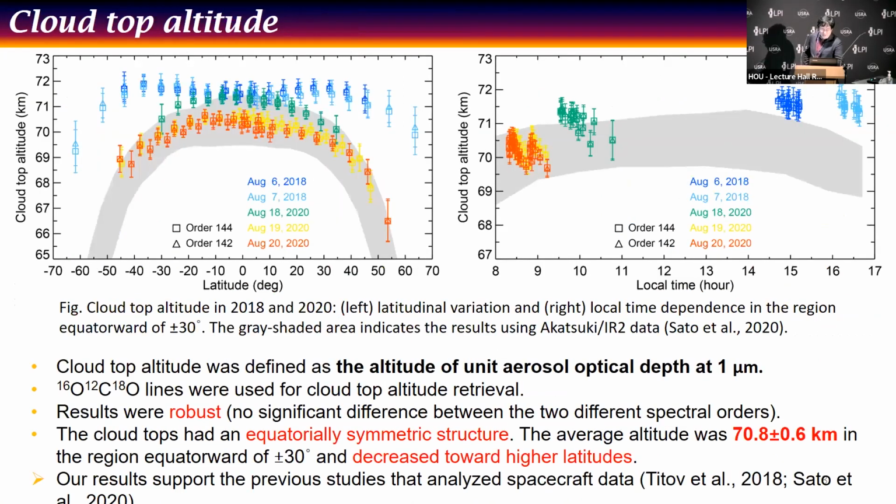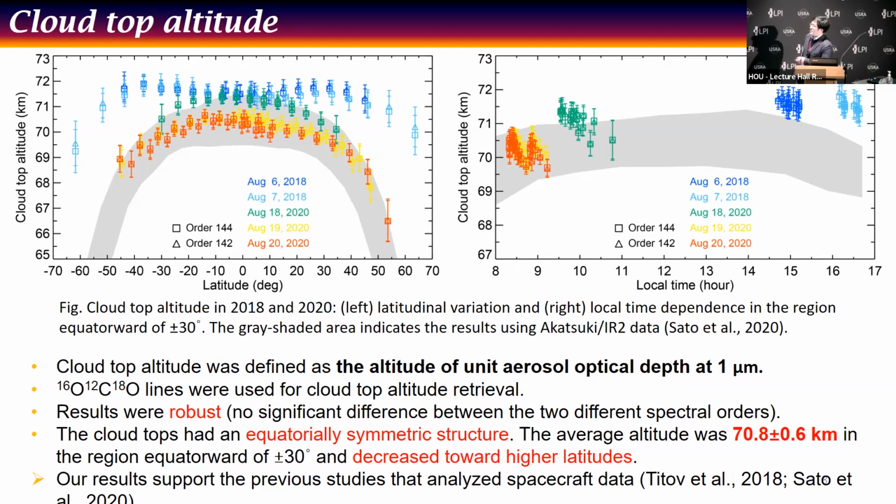Okay, we will show you the results of cloud top altitude. In this study, cloud top altitude was defined as the altitude of unit optical depth at 1 micrometer, and these CO2 lines were used for cloud top altitude retrieval. The left figure is latitudinal variation of cloud top altitude in 2018 and 2020.